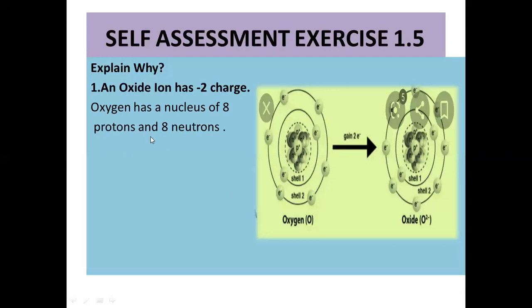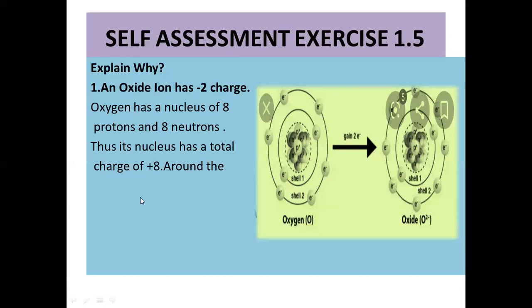So it has 8 neutrons in it. 8 plus 8, 16. Thus, its nucleus has a total charge of +8. Why +8? Because neutrons are neutral. Neutrons have no charge. So the charge on the nucleus is only due to the positive particles, and those positive particles are protons. So the nucleus has a total charge of +8.